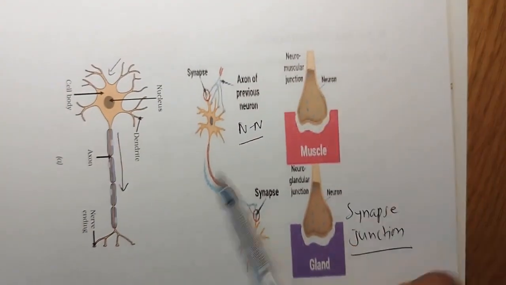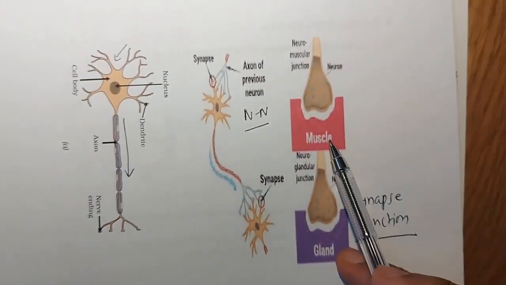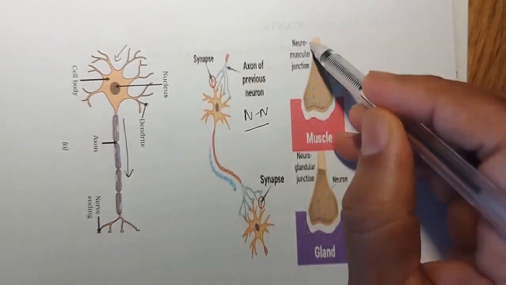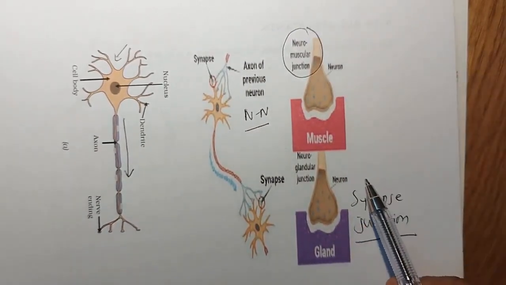The branch of the axon ending onto the muscle fiber is a neuromuscular synapse or neuromuscular junction.